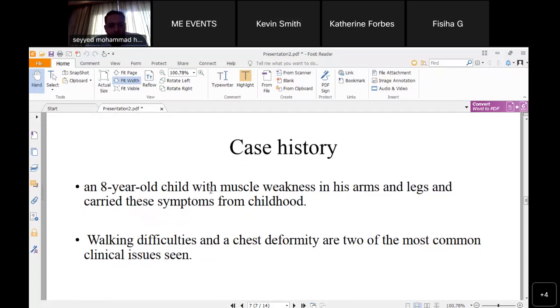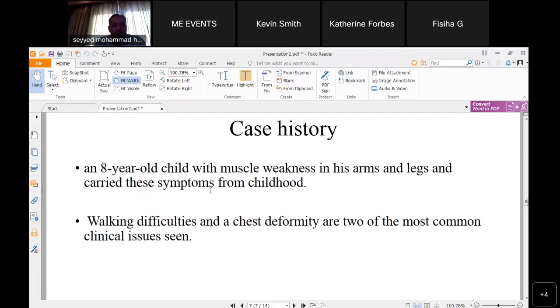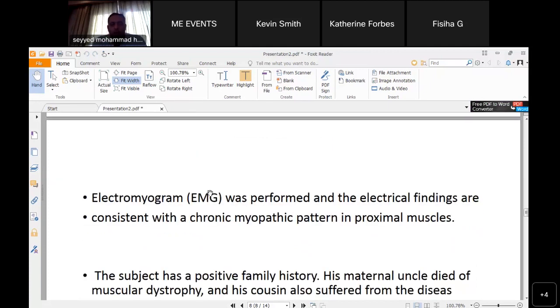Our case history. Our case is an 8-year-old child with muscle weakness in his arms and legs, who has carried these symptoms from childhood. Walking difficulties and chest deformity are two of the most common clinical issues seen.